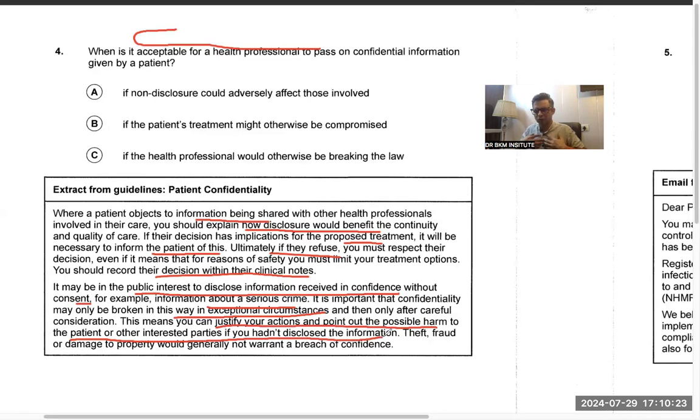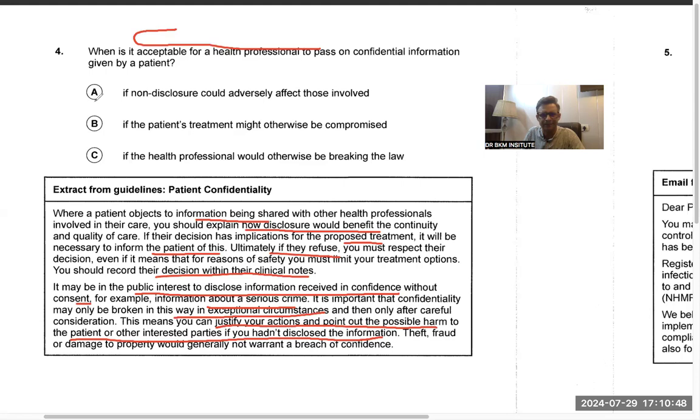You should be able to justify that if you had not disclosed the information, it would have caused harm to the patient and to the other parties involved. So you can share the information in case of serious crime or exceptional circumstances.